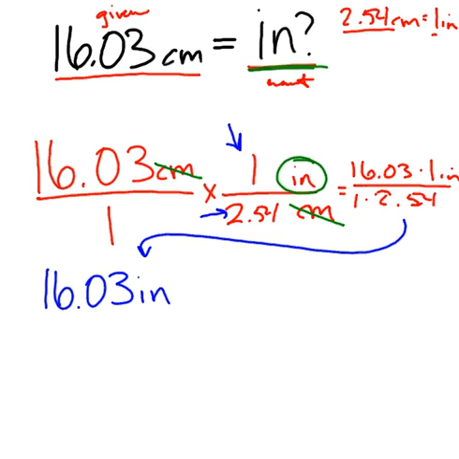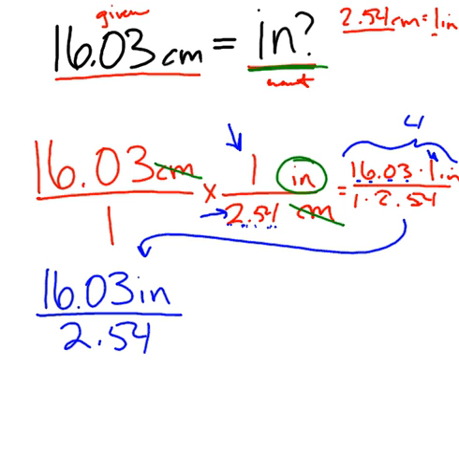So this product needs to have four sig figs, because this sig fig right here isn't going to limit the number of sig figs I have. So 16.03 inches, and I divide that by 2.54. Remember, this number is an exact number, so it cannot limit your sig figs. My answer will still have 4 sig figs.